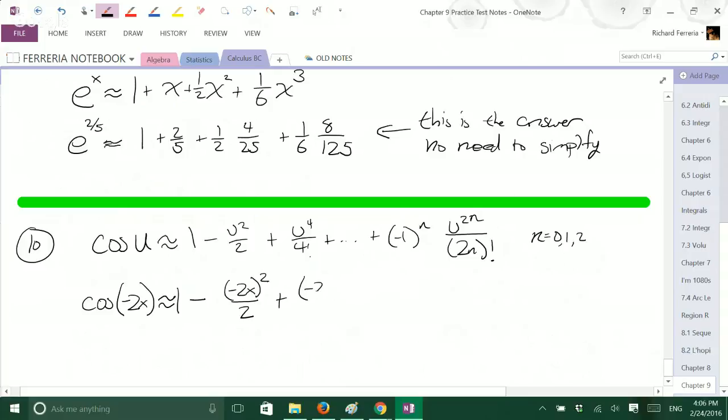Plus negative 2x to the 4th over 4 factorial, plus, so we're getting a feel about how things are going to go down, negative 1 to the n, negative 2x to the 2n over 2n factorial. N is still starting at 0, 1, 2.